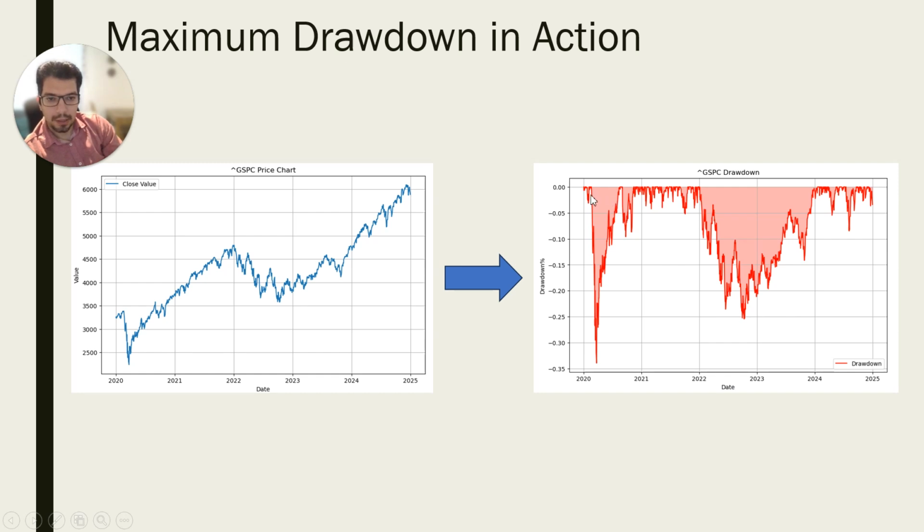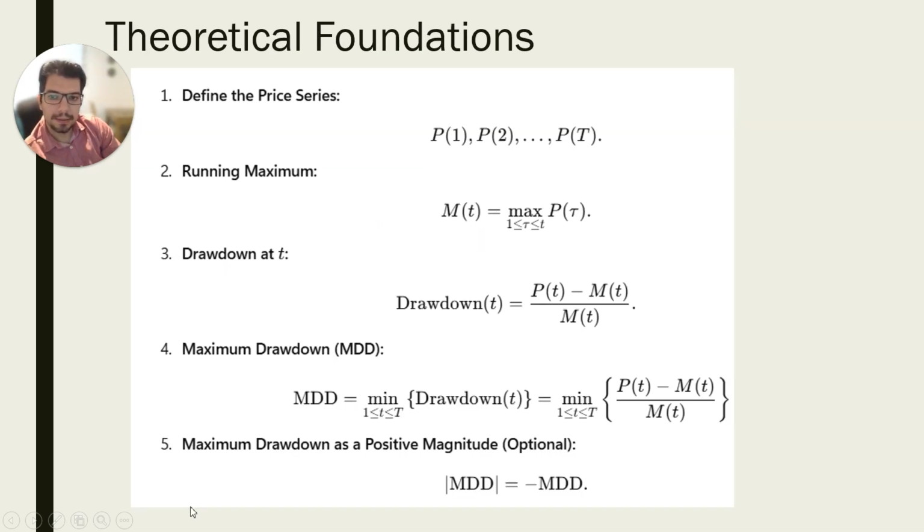However, the drawdown analysis shows that the significant one is here, right after the corner. Having said that, let's review the steps that we need to calculate maximum drawdown using math.